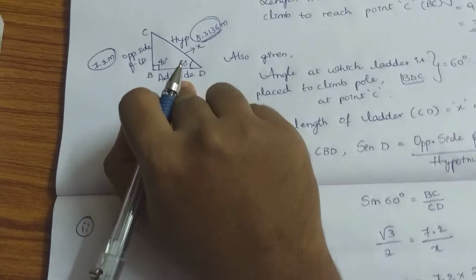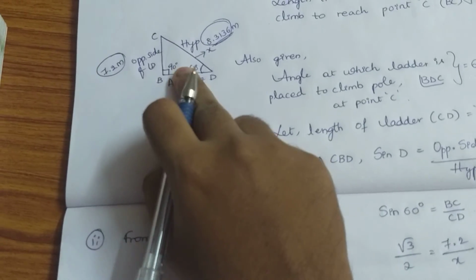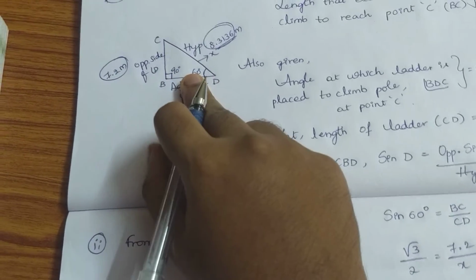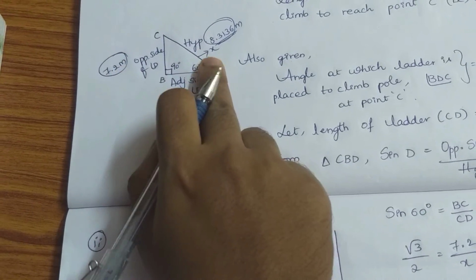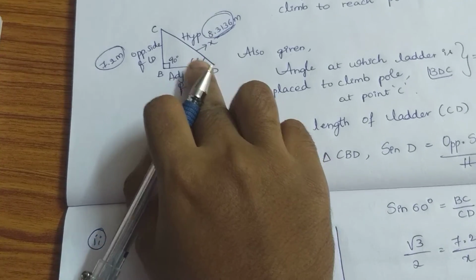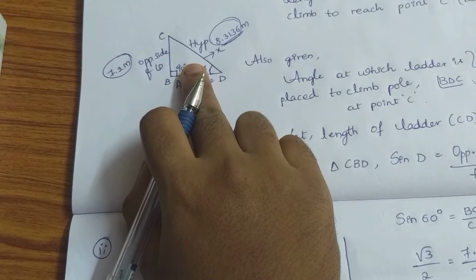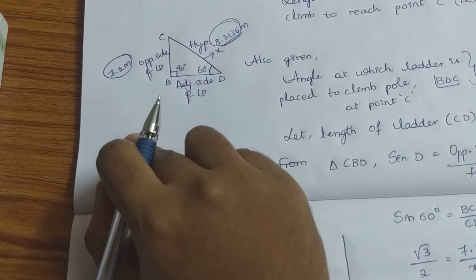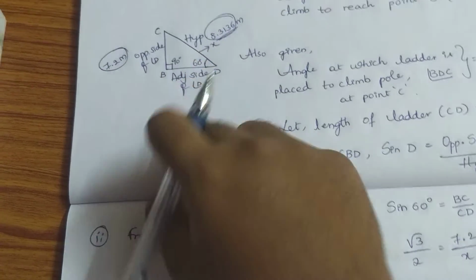It's so easy. You can use either the cos function or the tan function, but here the angle is 60 degrees. So cos 60 value is 1 by 2, so there is no value of square root of 3 like that. When you take the tan function, tan 60 is root 3. So again you have to multiply the root 3 value and calculate again. So take the cos trigonometric ratio.